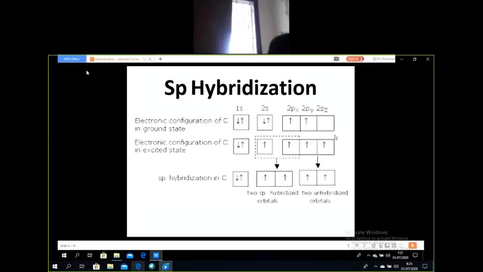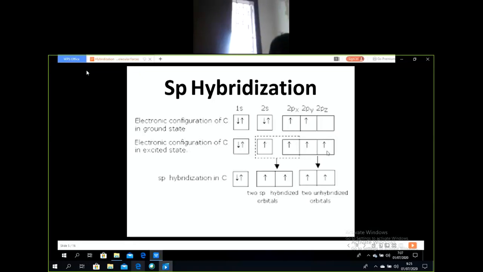Next, sp hybridization. sp hybridization occurs with a triple bond. I mention again the ground state of carbon, and then the electronic configuration of the excited state. This is sp3.